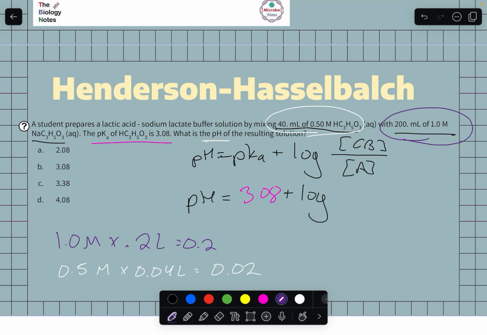Okay, so my conjugate base goes on top, 0.2. My acid goes on bottom. Okay, so if I do my 0.2 divided by 0.002, that gives me 100. Log of 100 is 2. And if I add 2 to my 3.08, I get 5.08. Okay, so that is how you're going to use a Henderson-Hasselbalch equation.